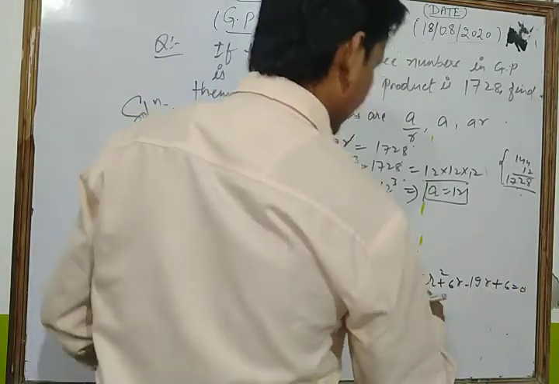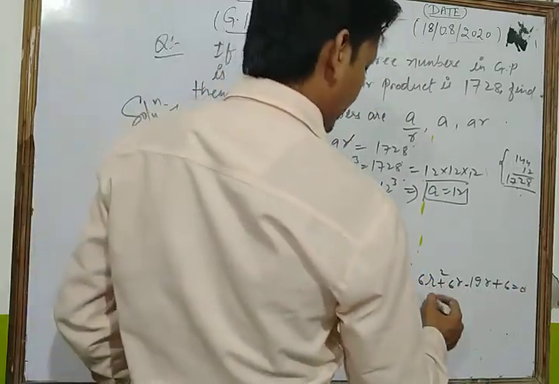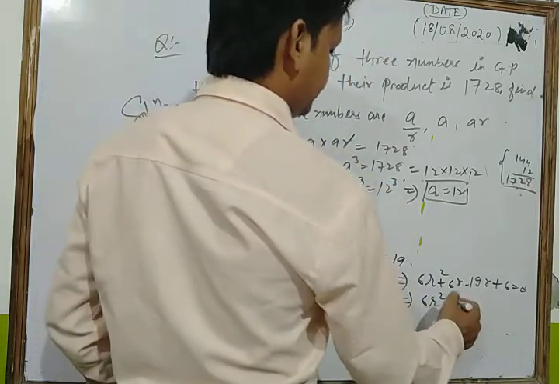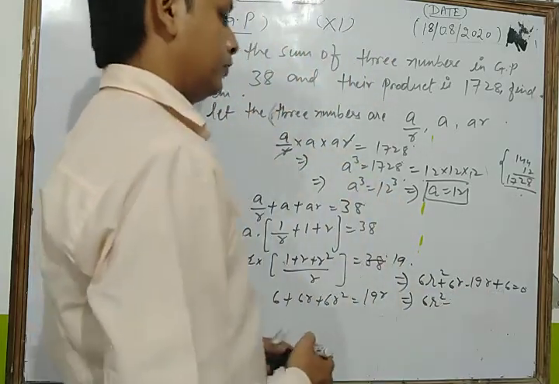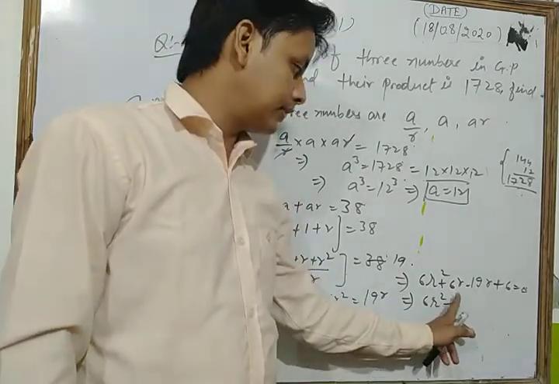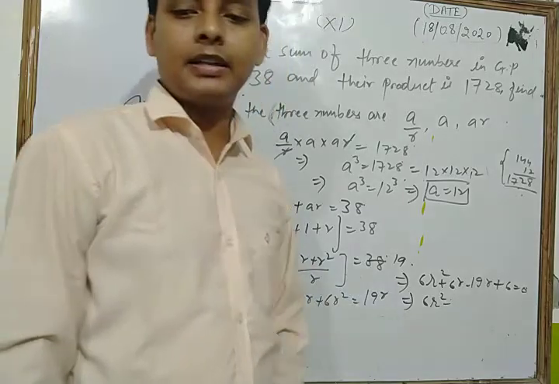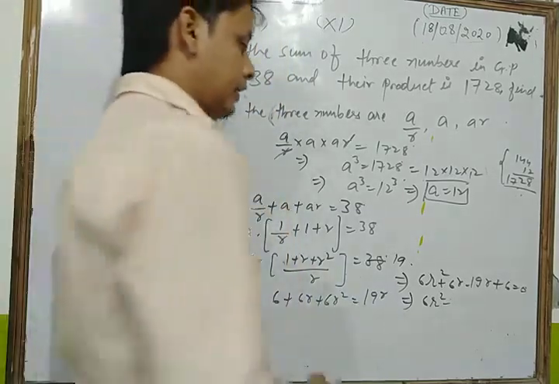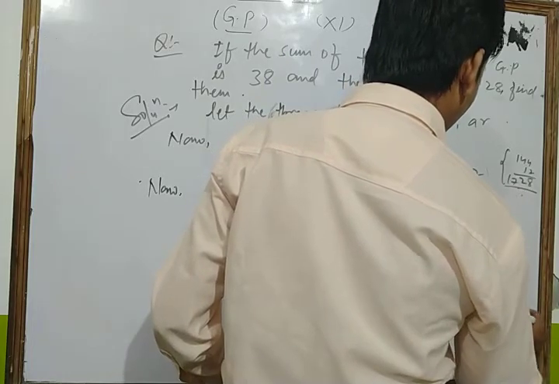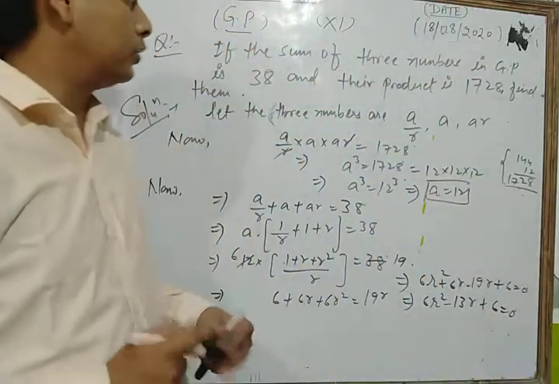Now we get 6r square, plus 6r minus 19r. Let's look: 19 minus 6, what is here? 19 minus 6 is 13. Yes, minus 13r plus 6 is equal to 0. Now what do we do, dear student?